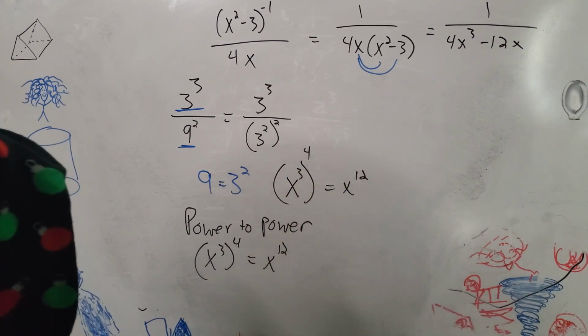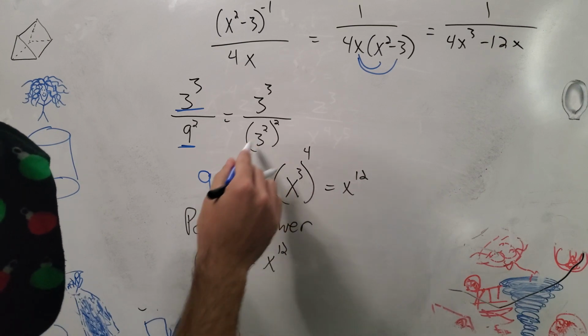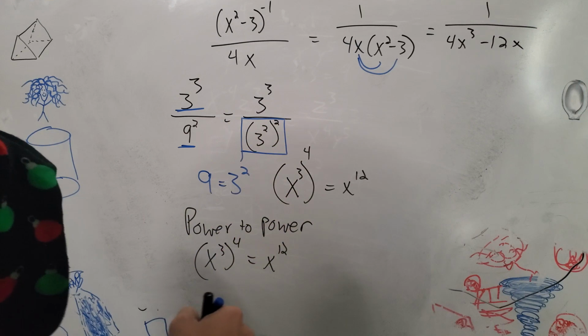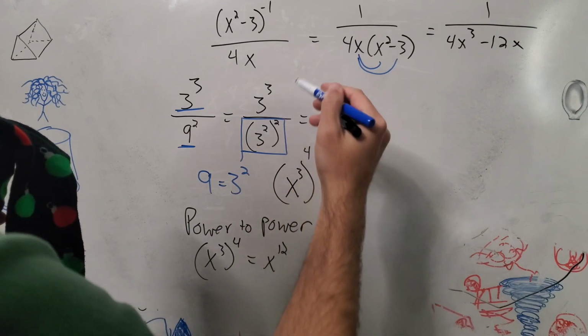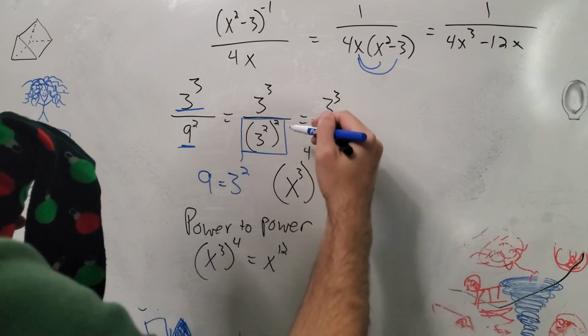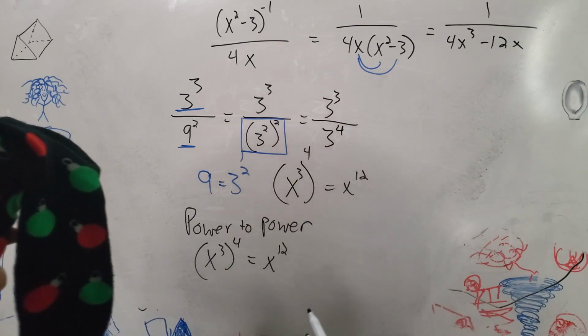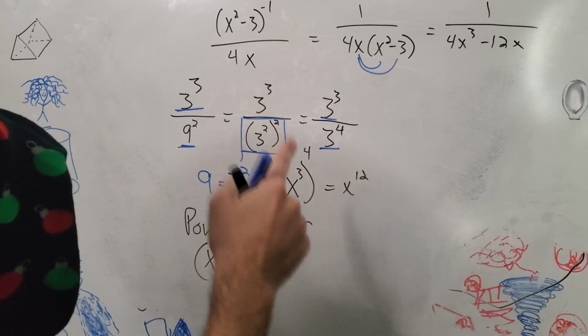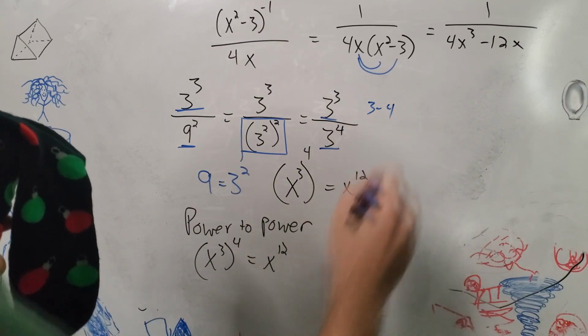That's when you multiply. So looking at this denominator here that we just rewrote, we have 3 squared squared. All you have to do is multiply those 2's together. The numerator stays the same. Down below we have 3 to the fourth now. And look, we have a matching base, and we can clearly see what we have to subtract: 3 minus 4.